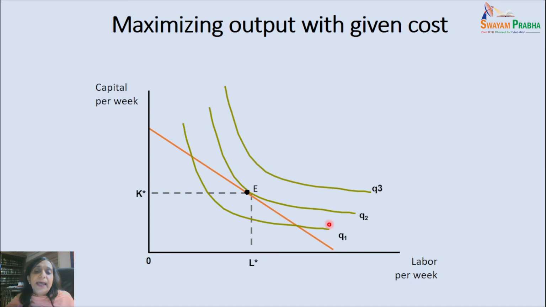This means that the highest possible level of output the firm can produce with this given cost is Q2. And for that, the firm will have to employ K star of capital and L star of labor. So this is maximizing output with given cost.